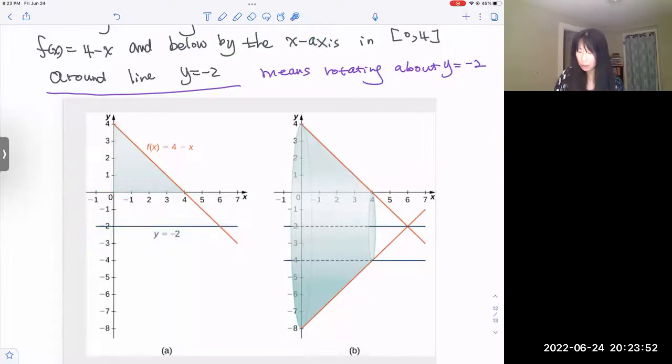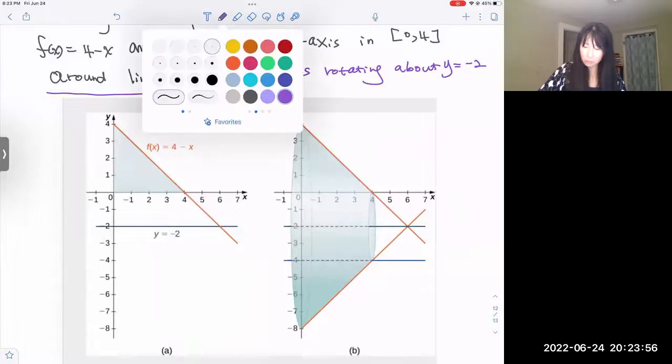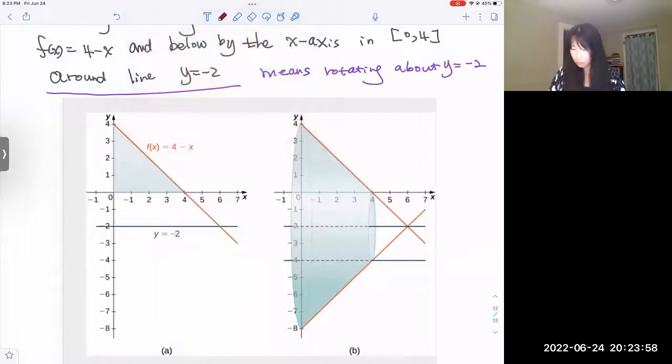Look, then we are rotating about y equal to -2. Okay, then look. So we're generating the shape, right?